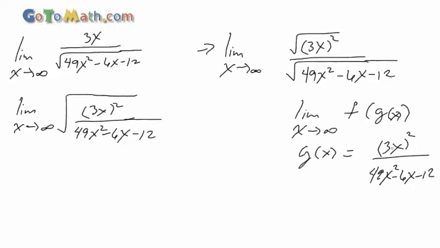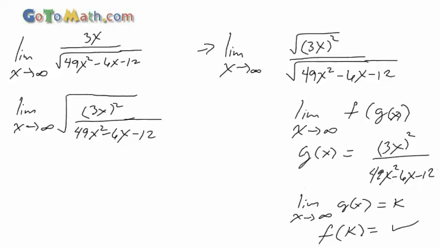So this is your g of x right here. And the way to do this limit would be to first take the limit as x approaches infinity of g of x, and once we get this answer, we'll call it k. Then you can just evaluate f of k. And guess what? That's what this is going to equal over here.